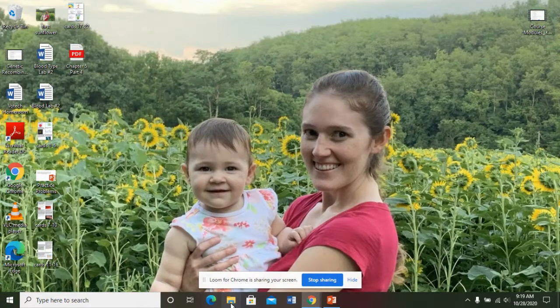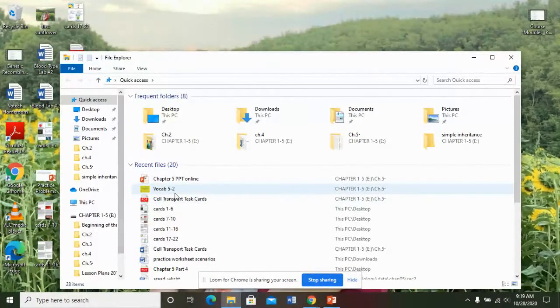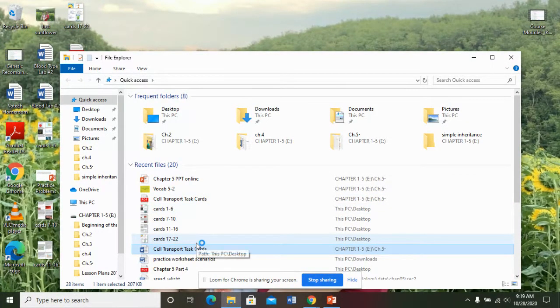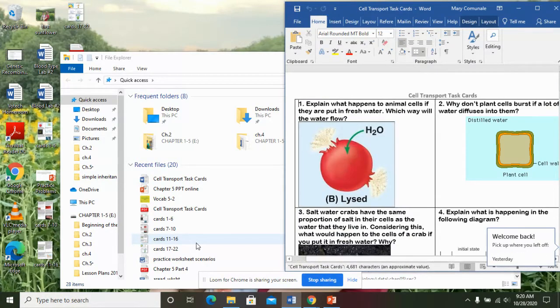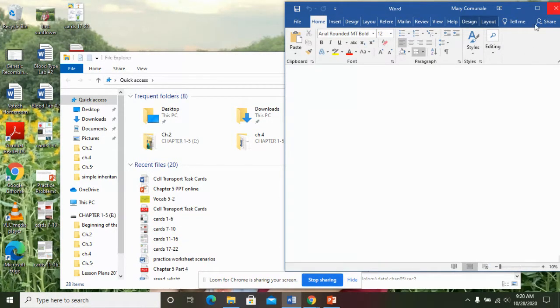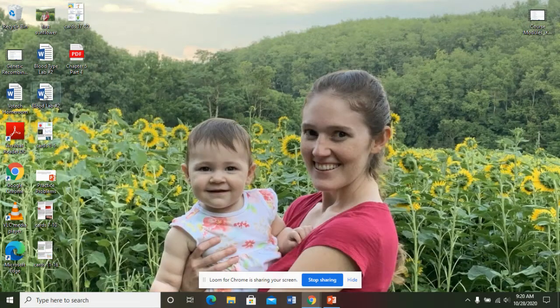Okay, so give me a second here so that I can get my document opened. You know what? I'm going to open up a blank document because I don't want to mess up the formatting on that one.